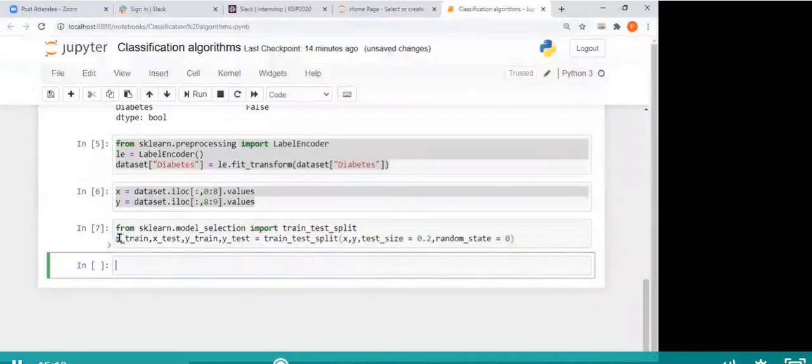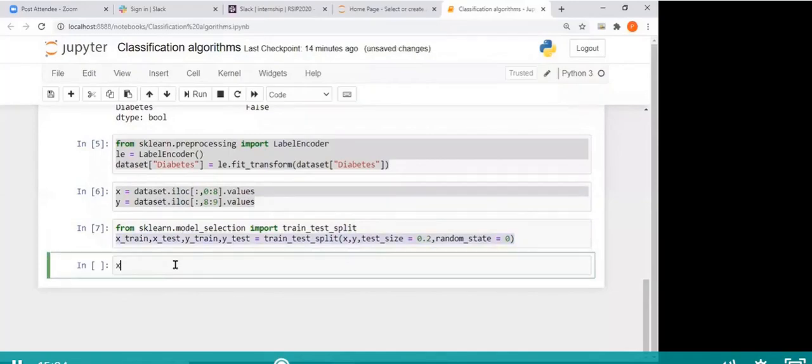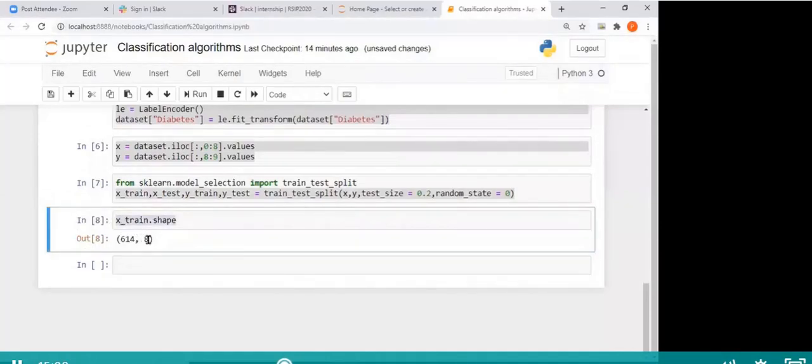So my data got converted into X train, X test, Y train, and Y test. Let's see what this X train shape is. So the shape of X train is 614 rows and 8 columns.